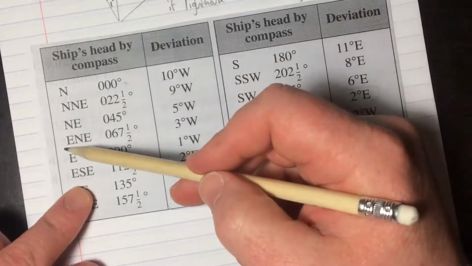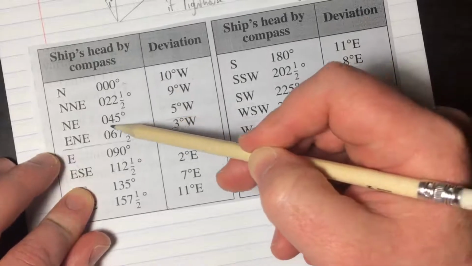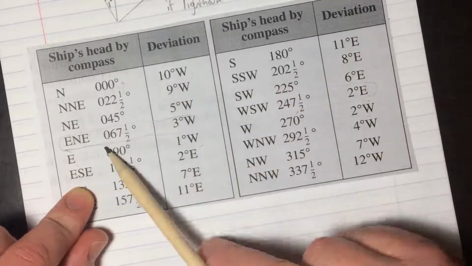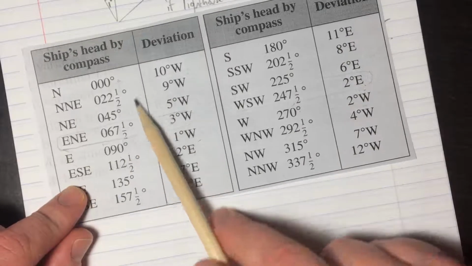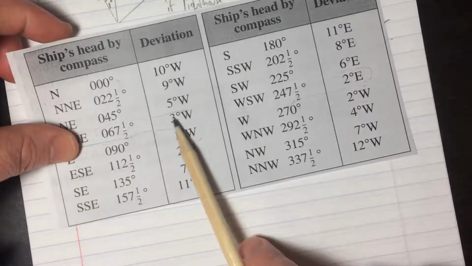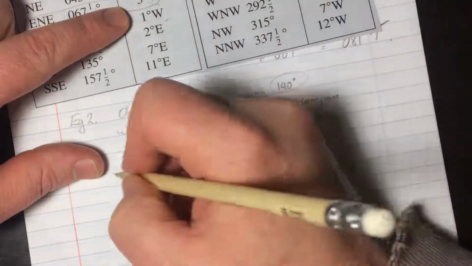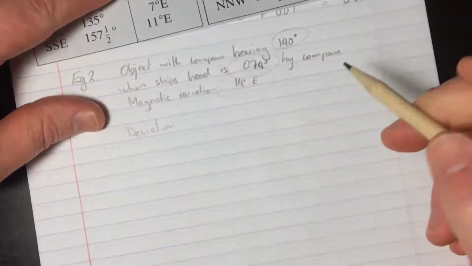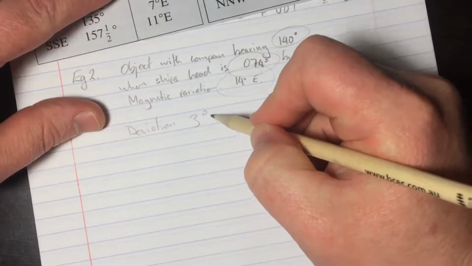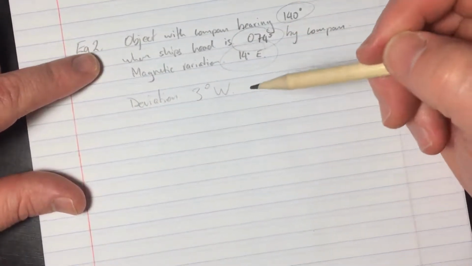So we're just going to go with the deviation that's closest. So a ship's head of 74 degrees is closest to a ship's head of 67.5 degrees on our table. So we're just going to assume that the deviation then is 3 degrees west. Deviation is 3 degrees west.